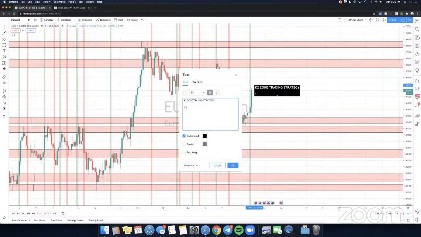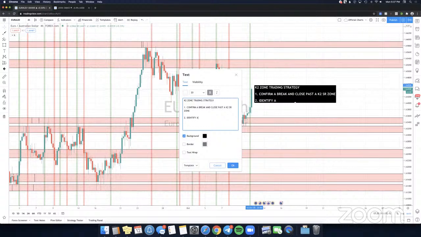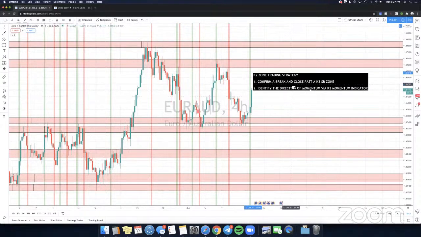The first requirement is that you confirm a break and close past a K2SR level, K2SR zone. And then next you identify the direction of momentum using the K2 momentum indicator. So that's pretty much all that you're looking for.